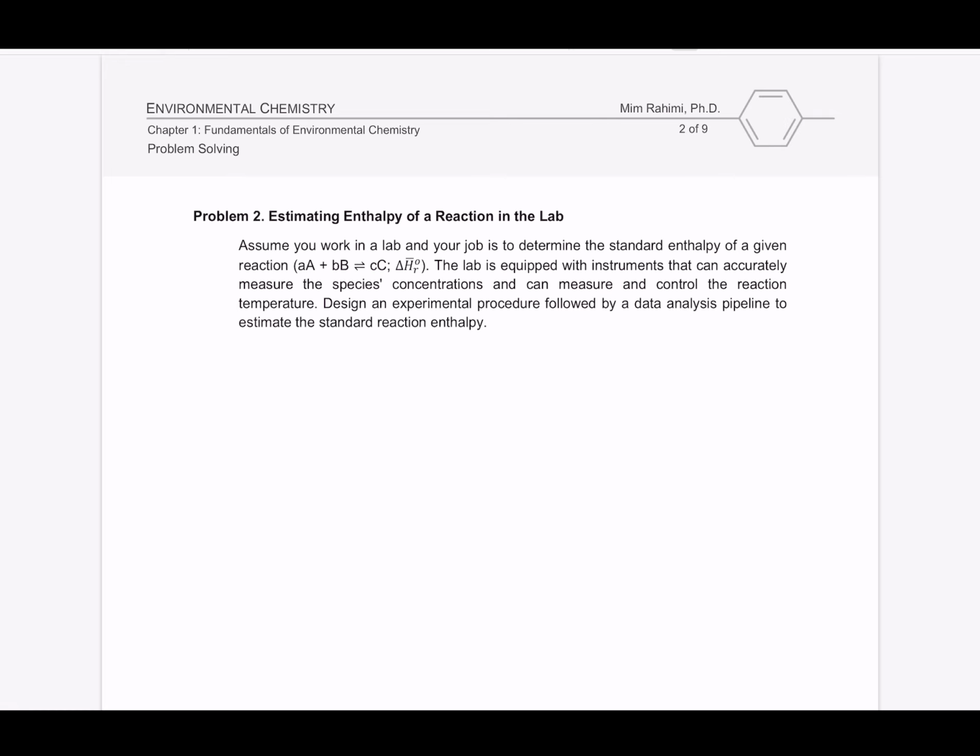We need delta H. So delta H must be a part of an equation. But it can't be any equation, because you can connect it to delta G and delta S, but do you have anything to calculate delta S experimentally?